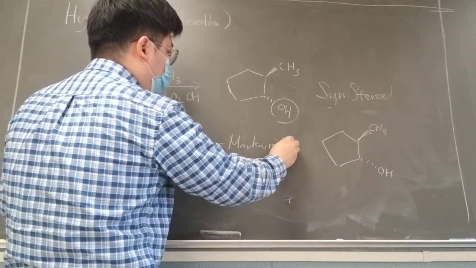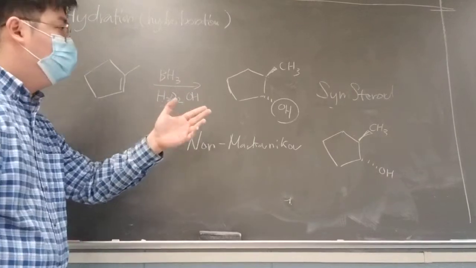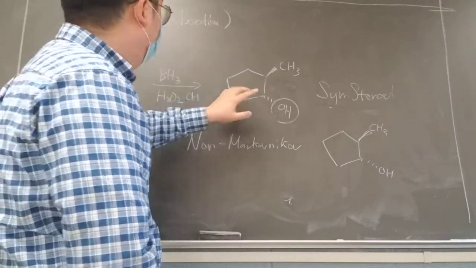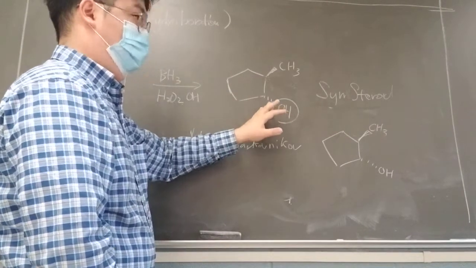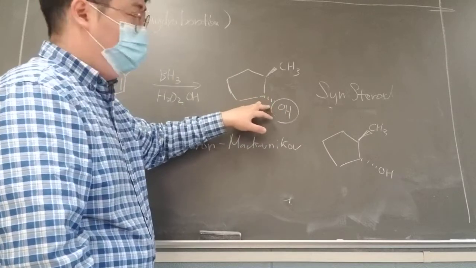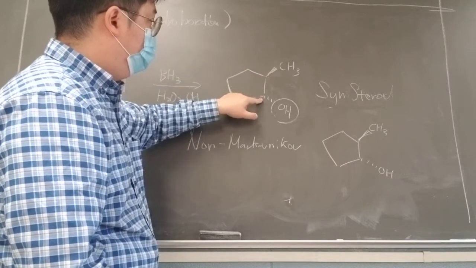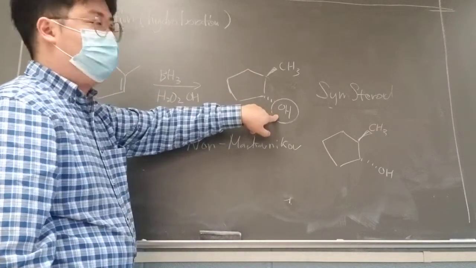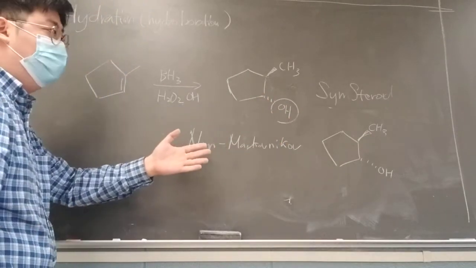So this is now the non-Markovnikov rule. Previously, when you did oxymercuration, you had a hydrogen group on the more substituted carbon. But when you do hydroboration, you are actually going to see your hydrogen group attached to the less substituted carbon among these two. So this is more substituted than this one. This is less substituted. That's where you find the hydrogen group, unlike what you saw in the different position with the oxymercuration here.